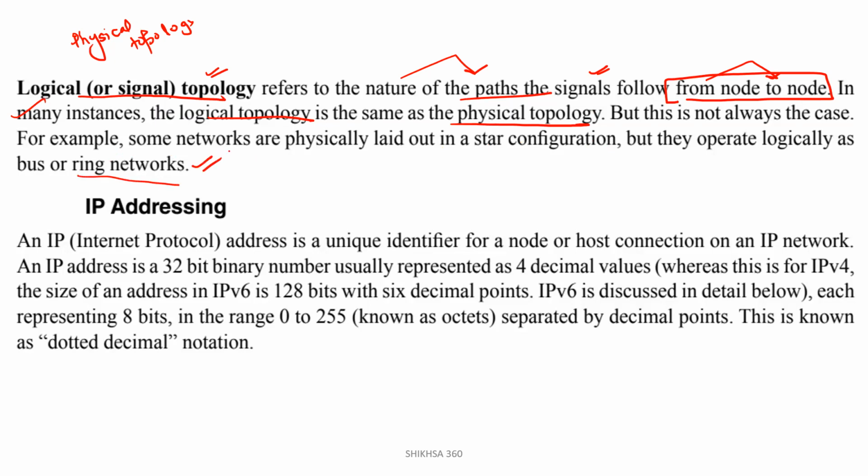So it means that whatever the representation, it does not depend totally on whether they will work according to that or not. So that is a logical topology. In simple language, from the representation, we are not able to understand whether they will work like that or not.